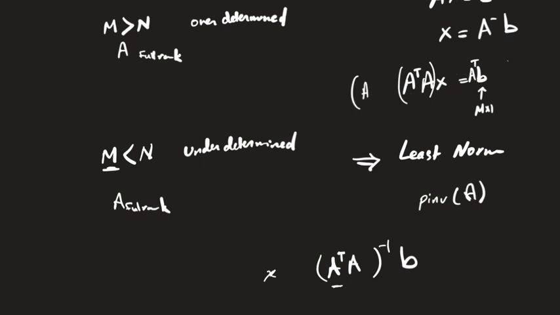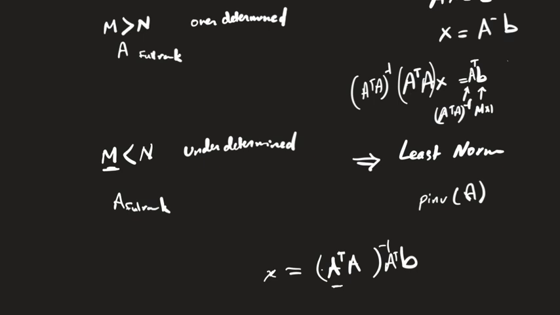So the solution becomes (A transpose A) to the power minus 1, multiplied by A transpose, and X is equal to this. That's the solution that you get in this underdetermined case, and it's called the least norm solution.